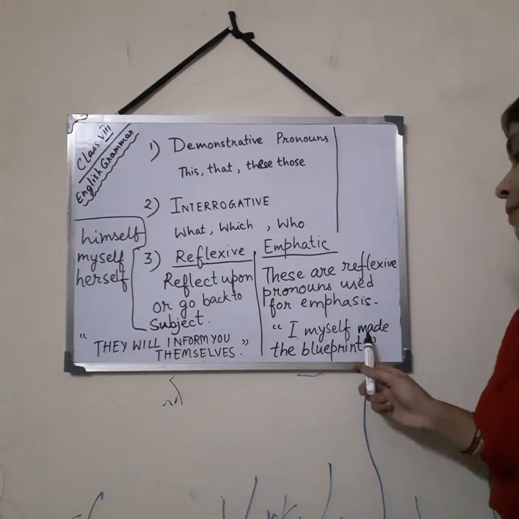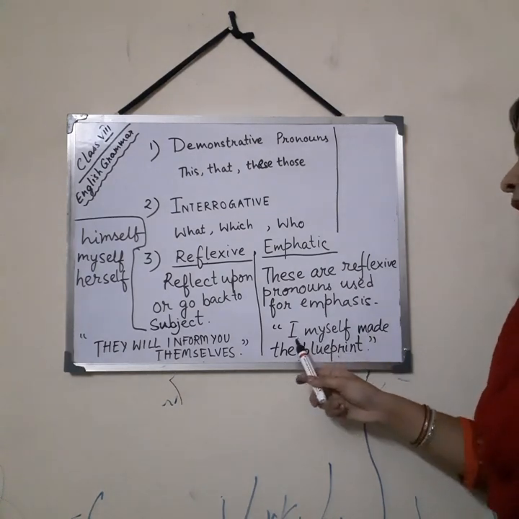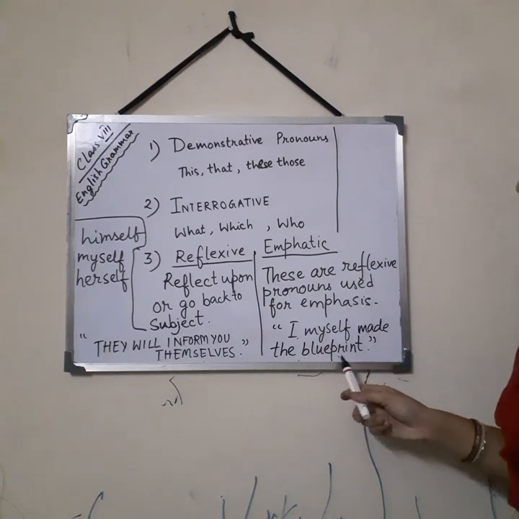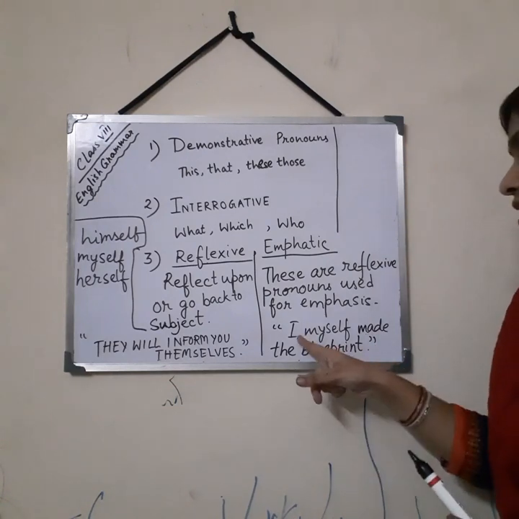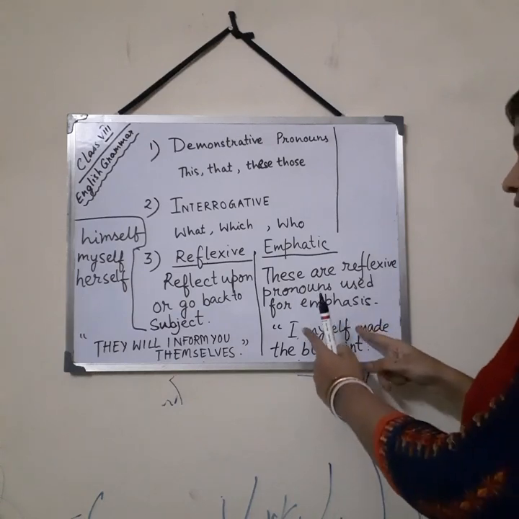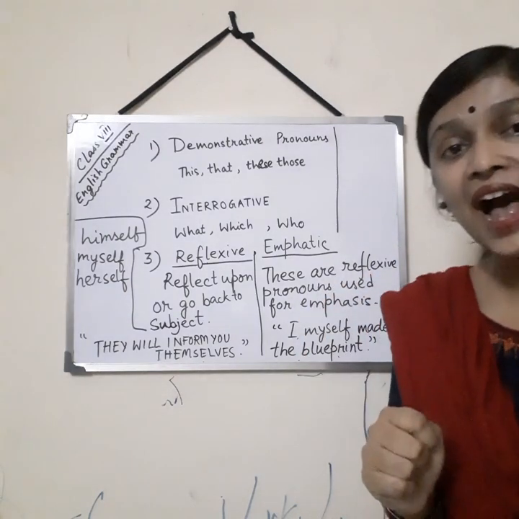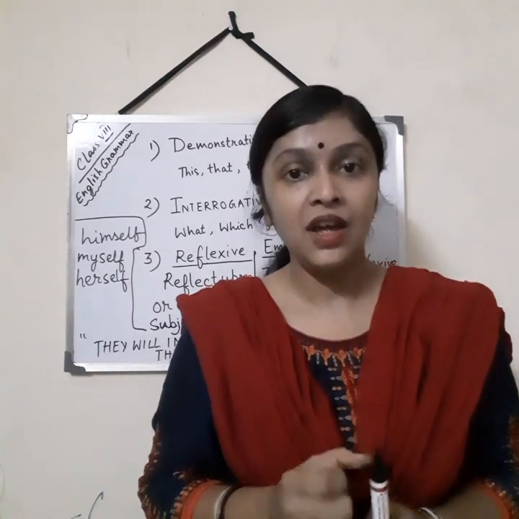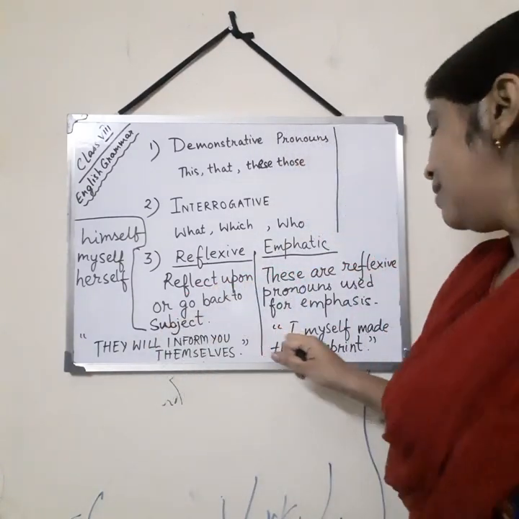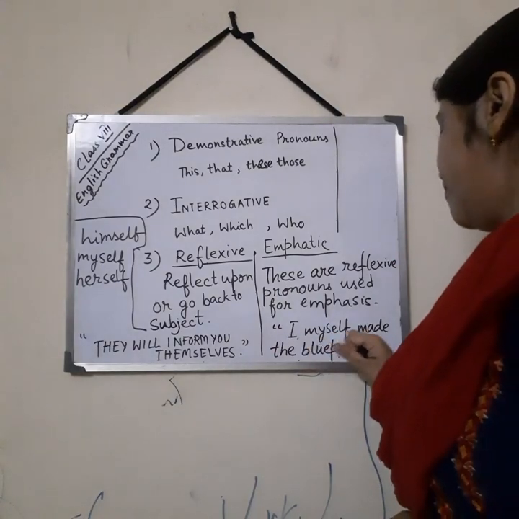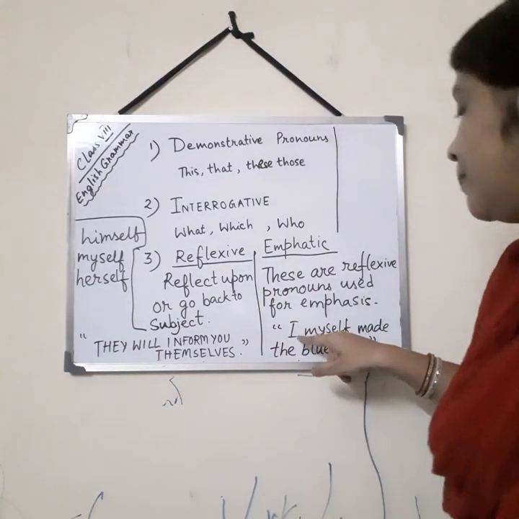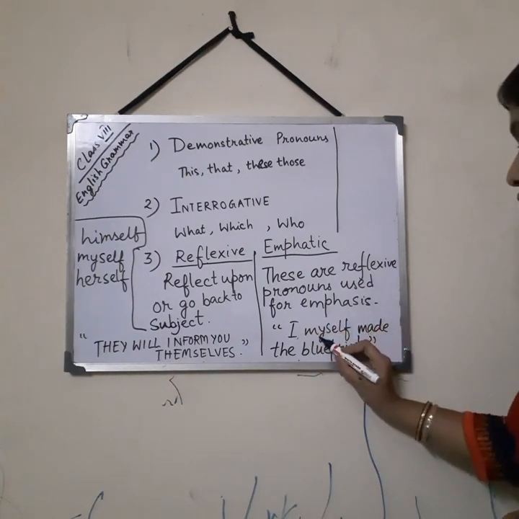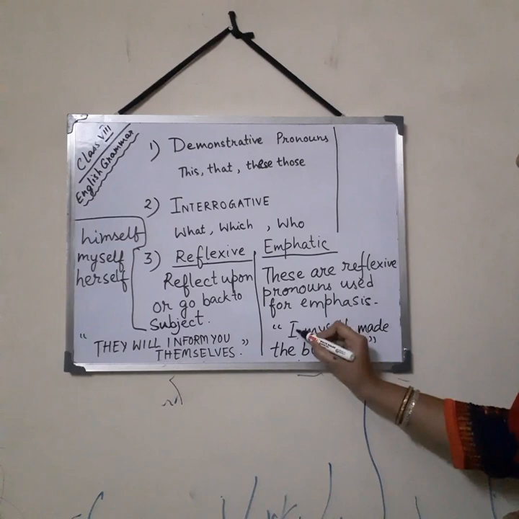I myself made the blueprint. That means I is the subject and the word myself is emphasizing the action played by the subject. It is emphasizing the role of the subject. So I say I myself made the blueprint. Here the emphatic pronoun is myself and it is being used for giving emphasis to the subject.